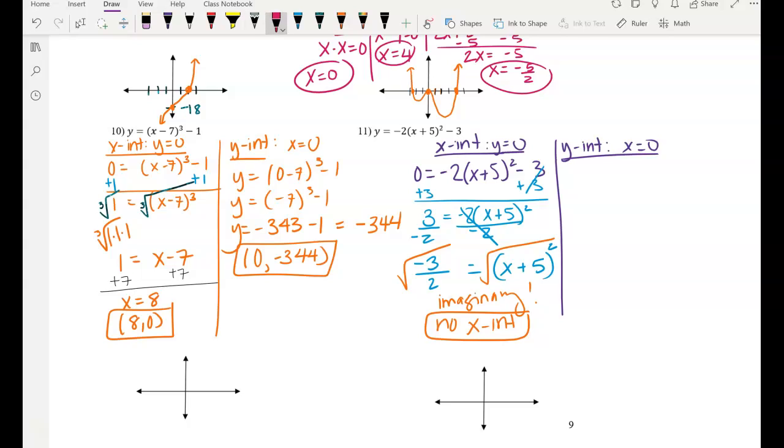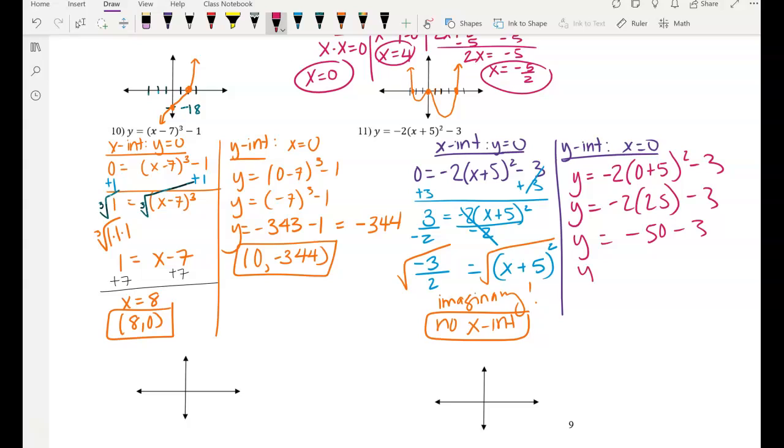Okay, y-intercept, it's simpler. We're going to chuck in 0. Ooh, what's 5 squared, y'all? 25. 25 times negative 2? Negative 50 minus 3? Negative what? 53. So we have one answer, 0, comma, negative 53.